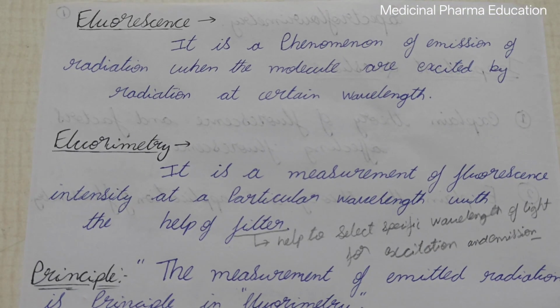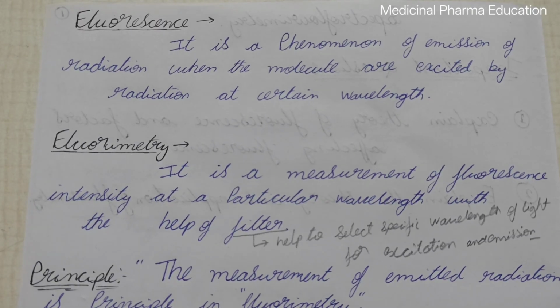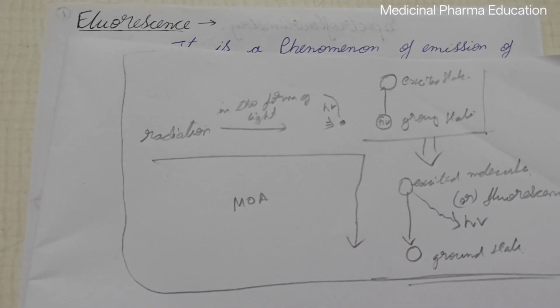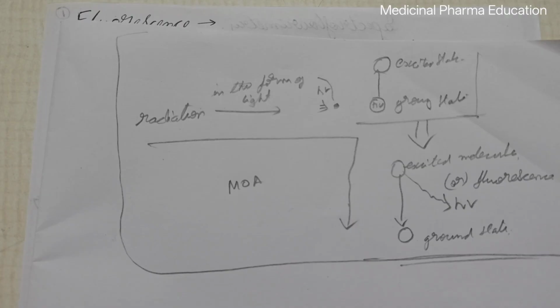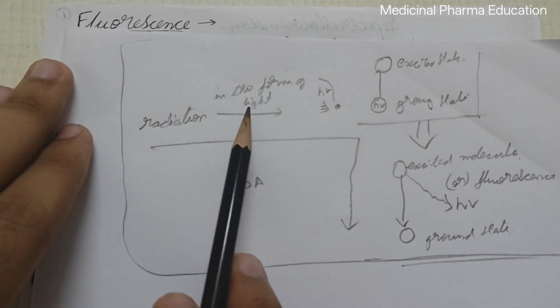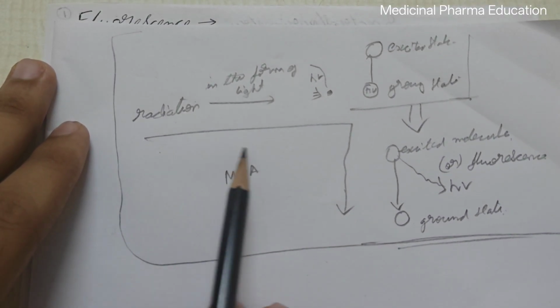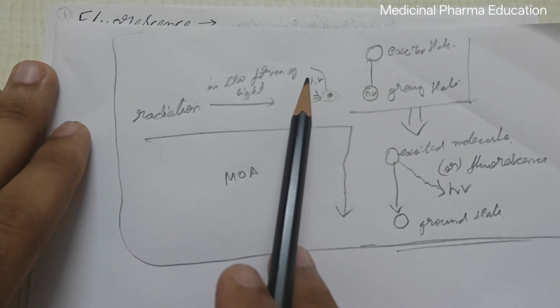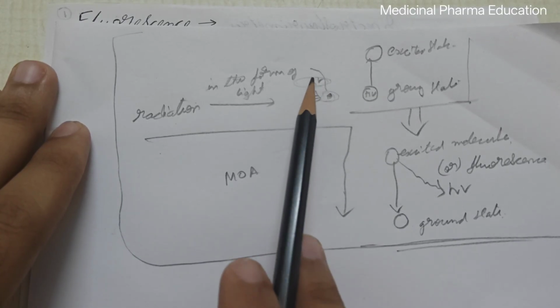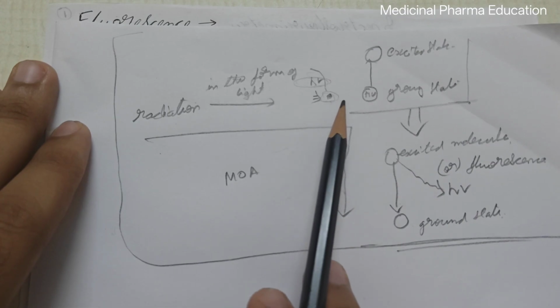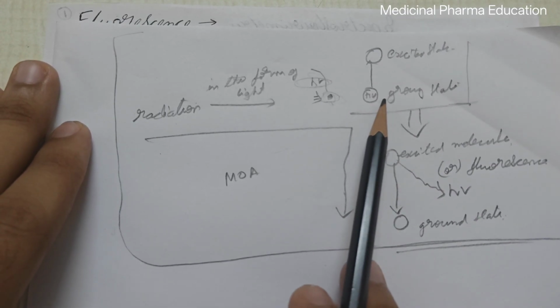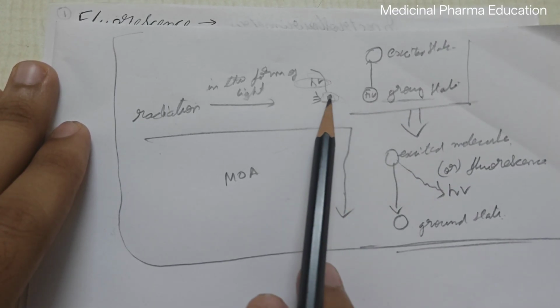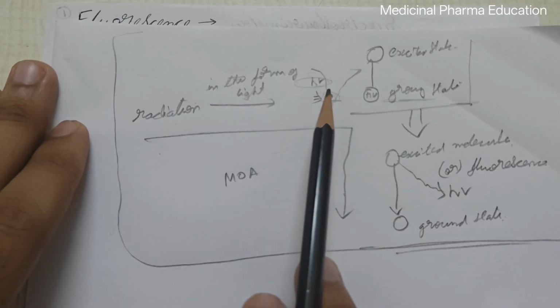I'll give you an easy explanation about this full topic. First, the radiation in the form of light, here hν, falls on the ion or the atom, which is first present in the ground state and then moves to the excited state.